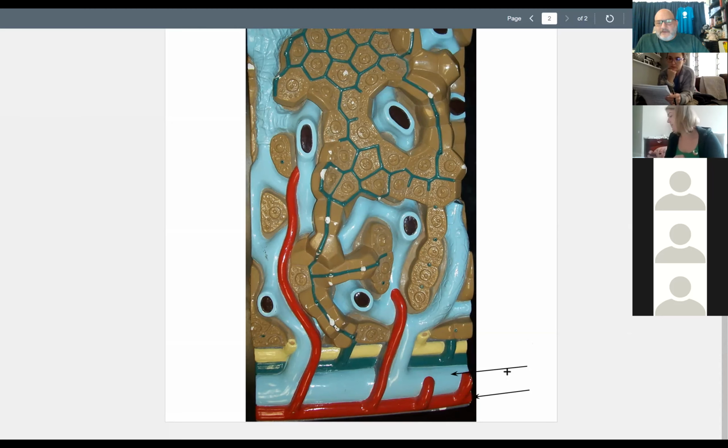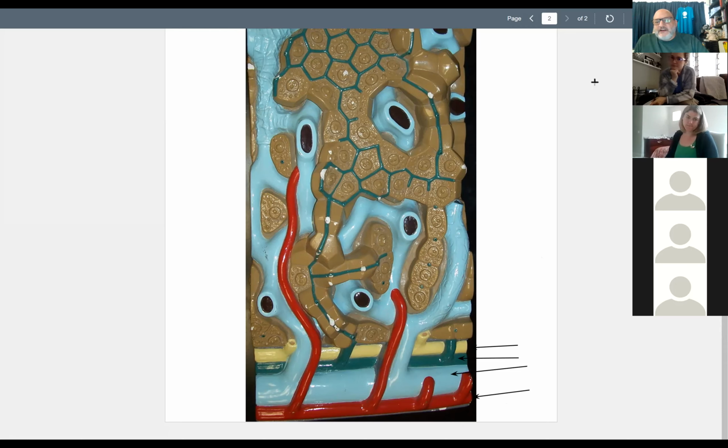Portal vein. Hepatic portal vein, excellent. Structure 3, green thing. Bile duct. Yeah, absolutely. So then what the heck's this 4th thing? An idea? Capillary. Not a bad guess. Nope, it's a nerve.